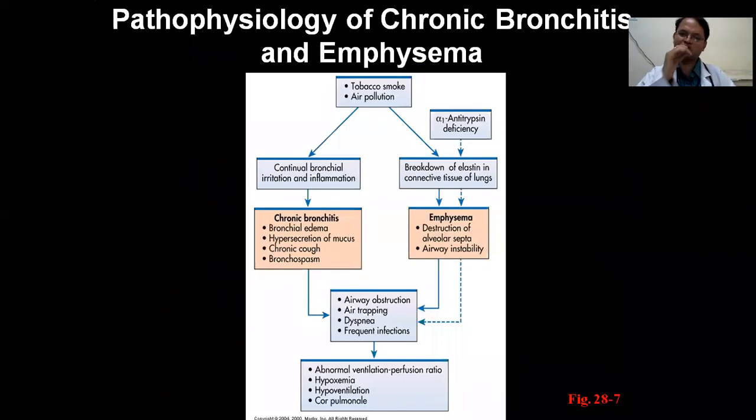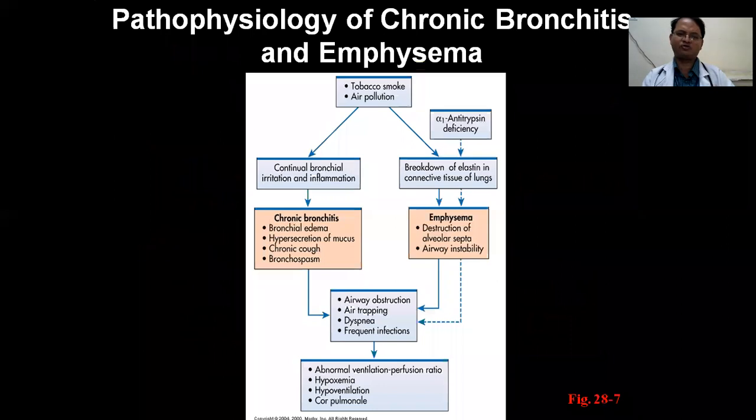This diagram shows that when the patient is exposed to tobacco smoke or air pollution, there will be continual bronchial irritation and inflammation. There can be breakdown of elastin in the connective tissues of the lungs.